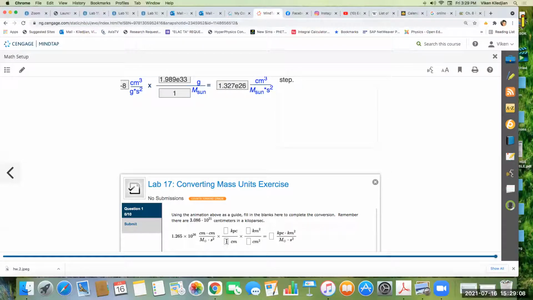Then we say these many centimeters is 1 kiloparsec, so we divide by 3.086 times 10 to the power 21.